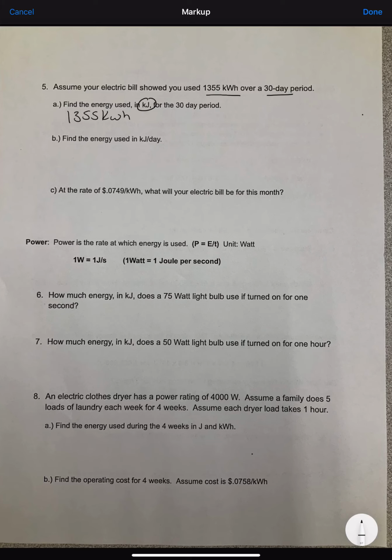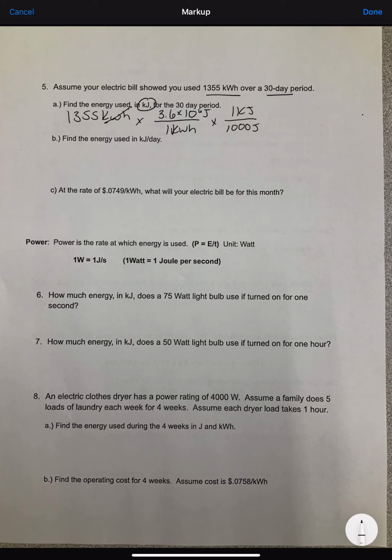So I have to go to joules first. So times 1 kilowatt hour, remember, is equal to 3.6 times 10 to the 6 joules per the page before this. And we have to get it to kilojoules. So 1,000 joules equals 1 kilojoule.